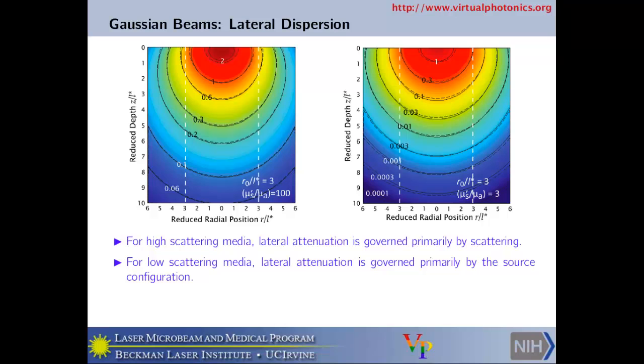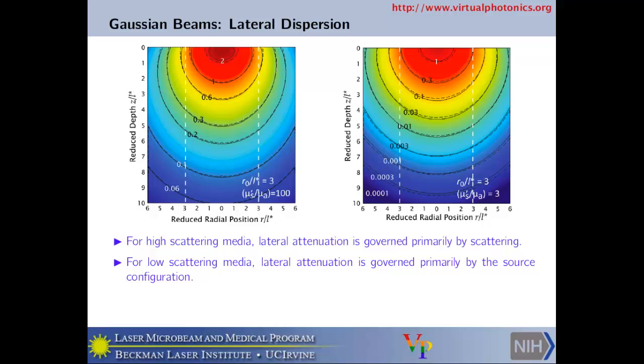This is a strongly scattering case for a beam roughly 3 millimeters in radius, and this is a strongly absorbing case. One thing I want to emphasize is that the lateral extent of these Gaussian beams for high scattering media is dominated by the rate of scattering, whereas the lateral extent of these beams in the case of strong absorption is basically determined by the size of the beam, because there's just not a lot of lateral dispersion.